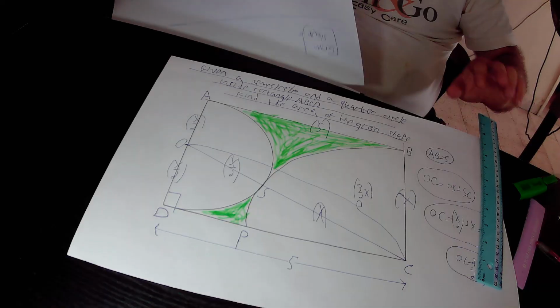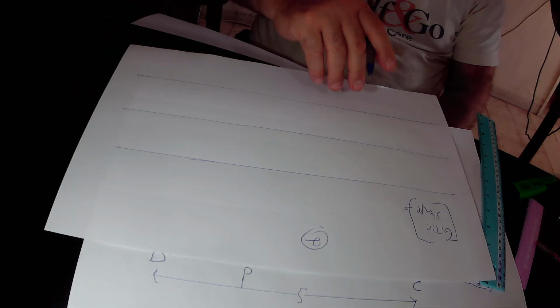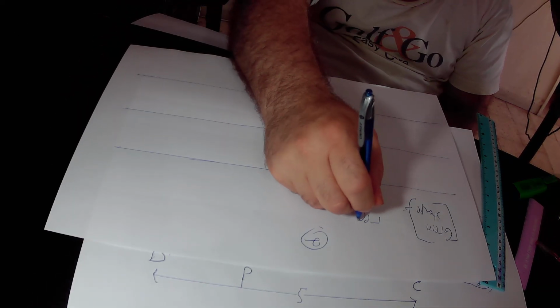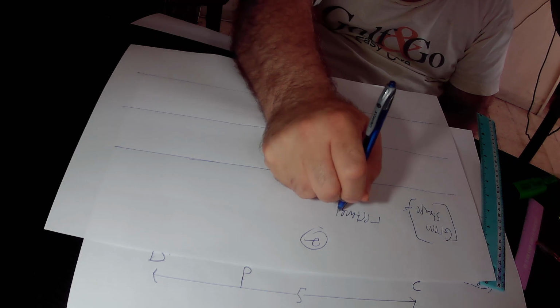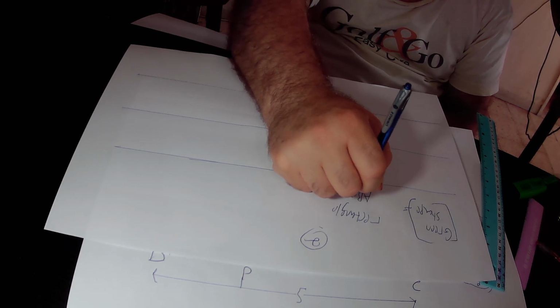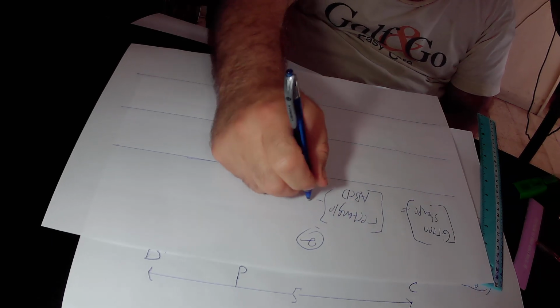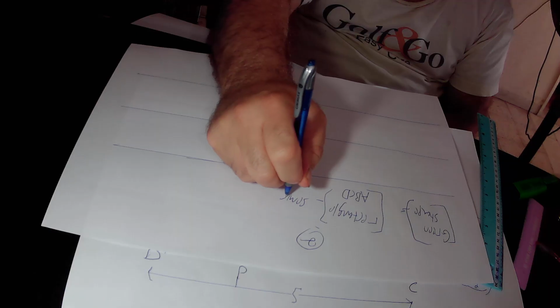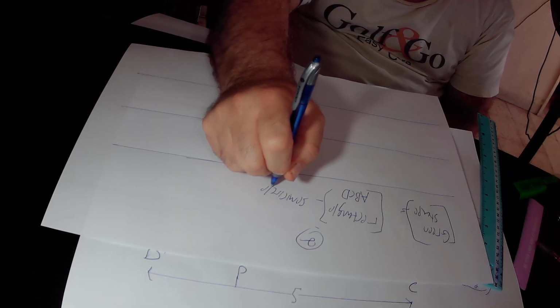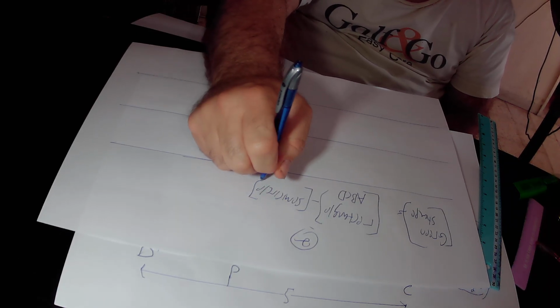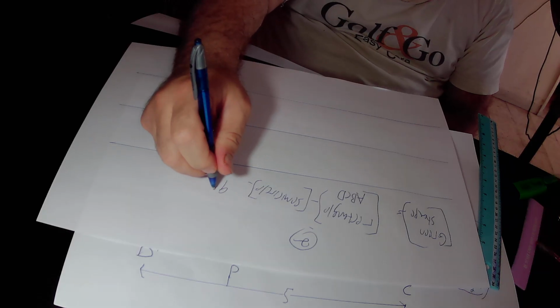The area of the green shape equals the area of rectangle ABCD minus the area of the semicircle minus the area of the quarter circle.